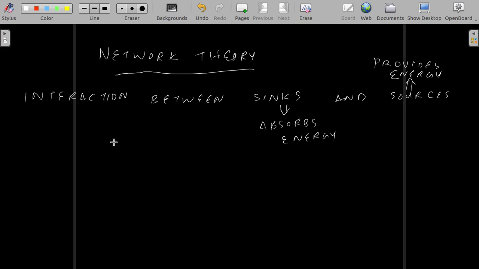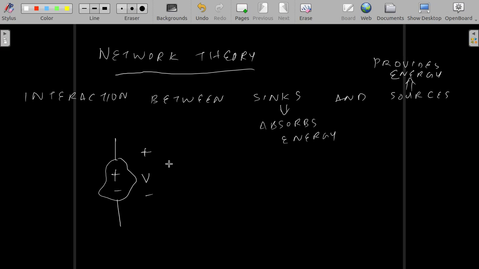Before going into that, consider this. This is a generic element. It can be anything. So the basic notation is this. What is this plus and minus? This shows the polarity of the voltage dropped across this element. This point here is at a higher potential compared to this point, and suppose this is the voltage V that is dropped across this element.